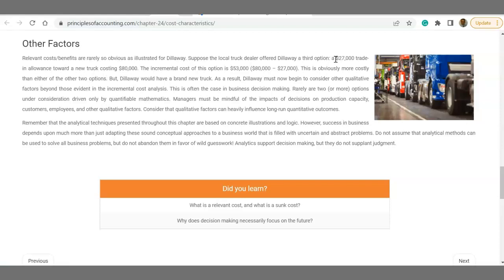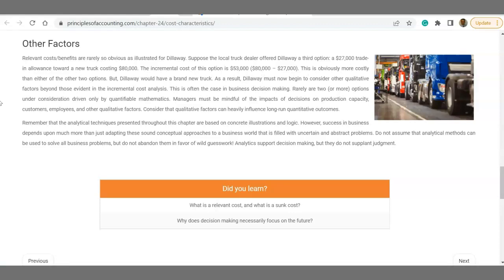So it says, we give you a trade-in allowance if you trade your damaged truck and buy a new one. The incremental cost of this option is $53,000 because we have to spend $80,000 and we have just a trade-in allowance of $27,000, so that's $53,000 incremental cost.